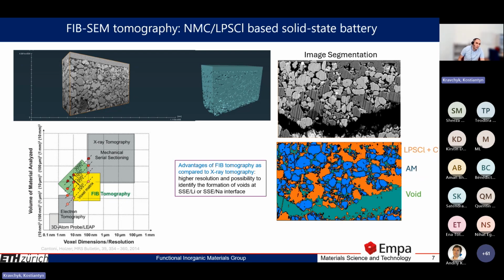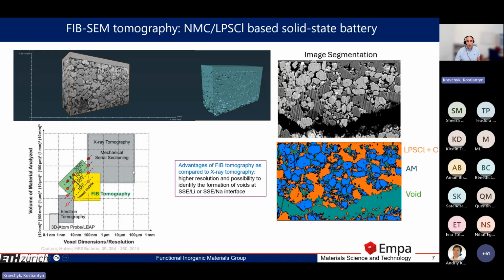You can have quite high resolution, at the level of tens of nanometers, but at the same time you can measure quite large samples, so to say, quite large regions as compared to electron tomography or atom probe tomography. So in this sense, it makes sense to use FIB tomography as compared to other tomographies.